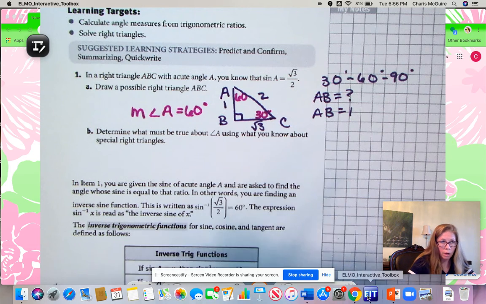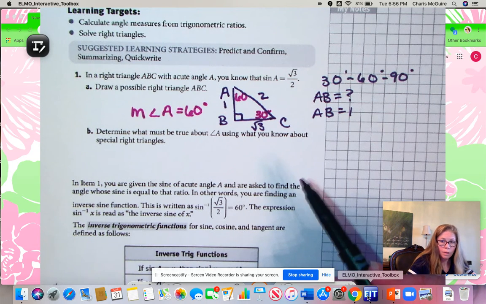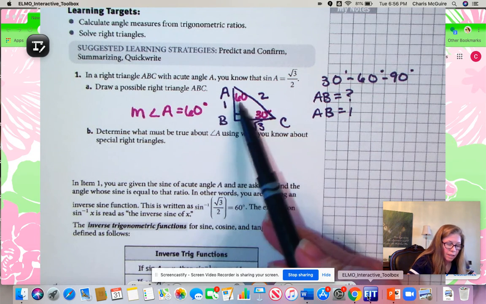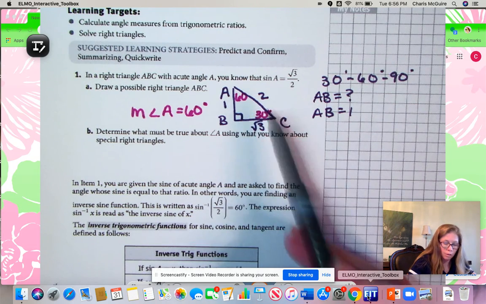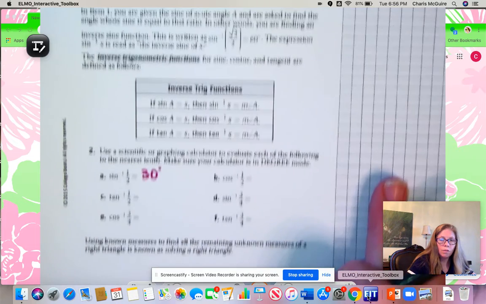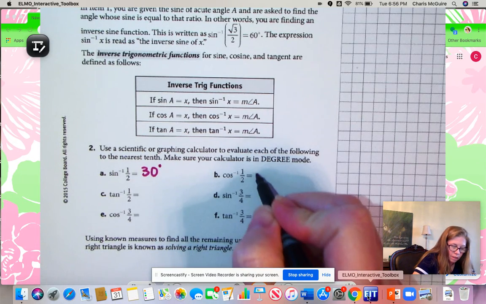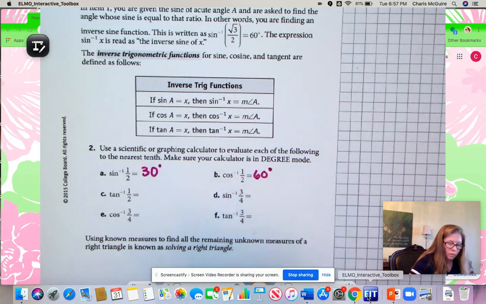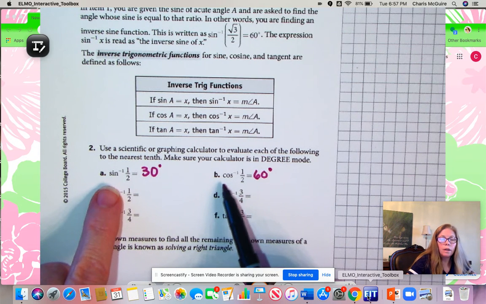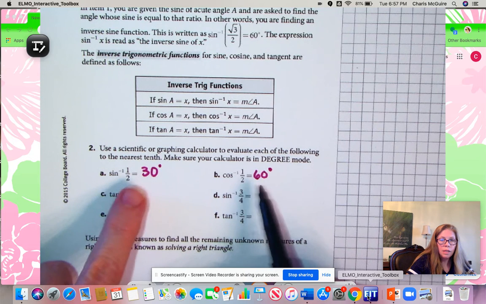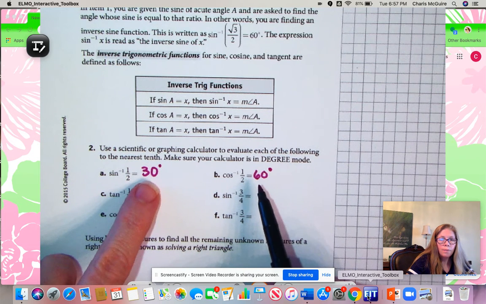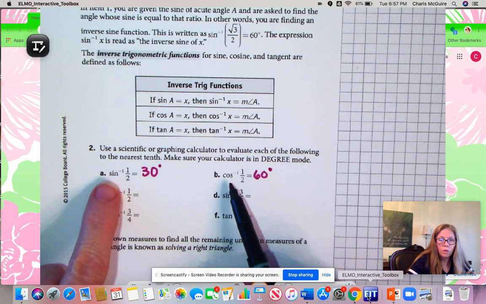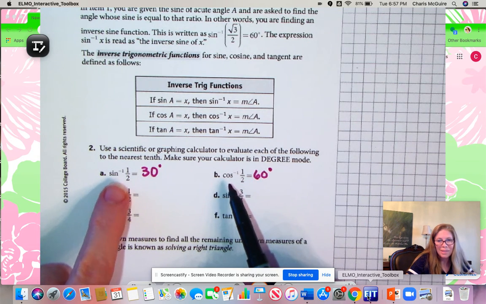So if we go back to our triangle up here, the adjacent side would be to the 60 degrees, right, over the hypotenuse. So the inverse cosine of 1/2 is 60 degrees. And this happens with sine and cosine, because you remember in the triangle, these are your complementary angles. And so they have the same ratio for the opposite trig functions, right?